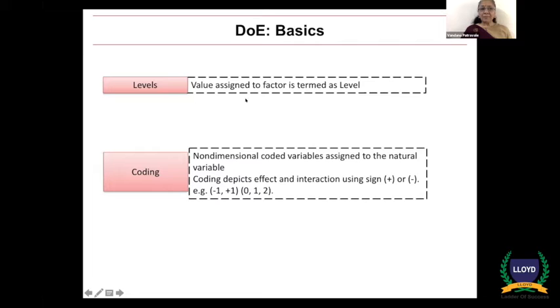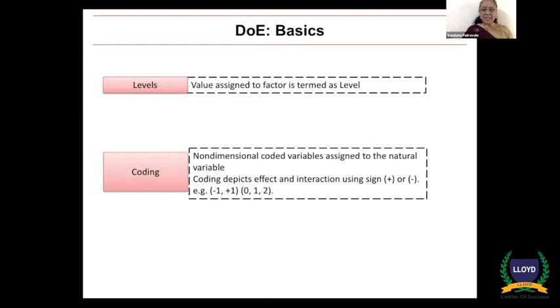Levels, value which is assigned to each factor is termed as level. Now, for example, if you are using tween 80 as an emulsifier, we know that tween 80 can be used at 5 to 20% weight by volume as an emulsifier. So you can design trials with 5, 10, and 20.